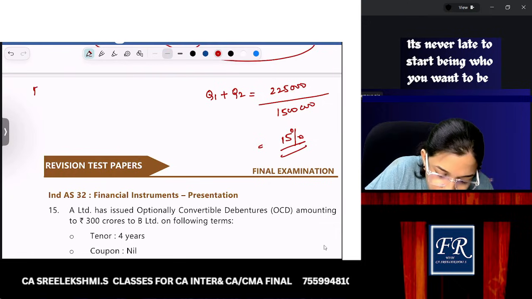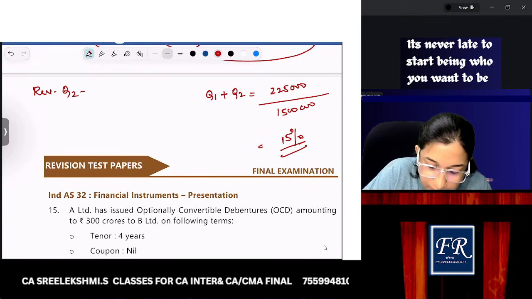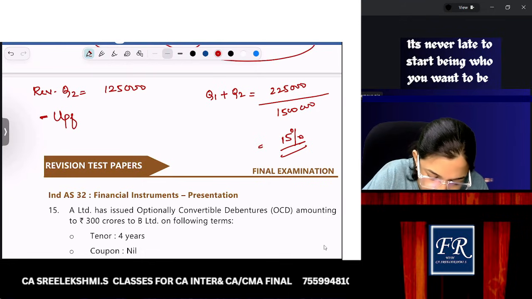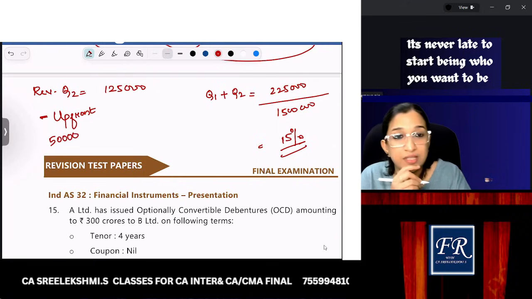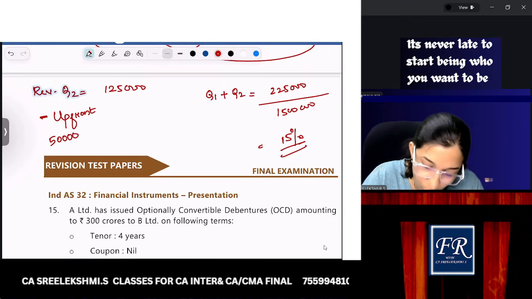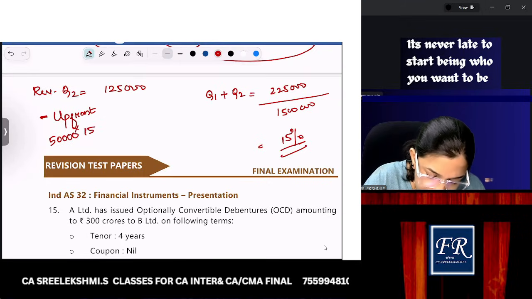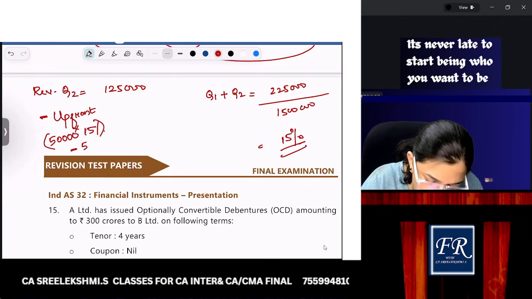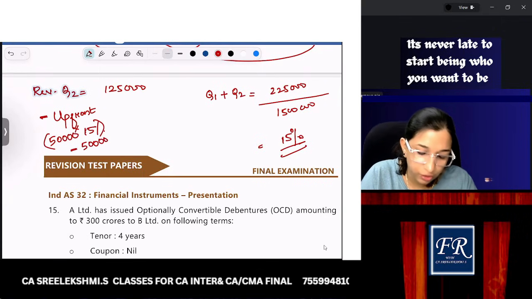So revenue to be recognized in Q2 is 1,25,000 minus upfront fee adjusted. The upfront fee of 50,000 is the total upfront fee which we have given to the customer, of which 15 percent of work has already been done, of which 5,000 was already recognized in quarter 1.